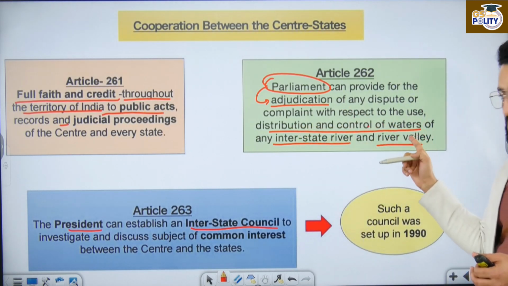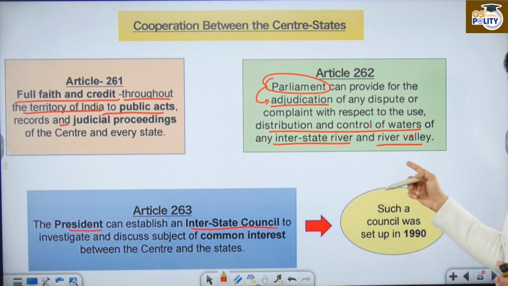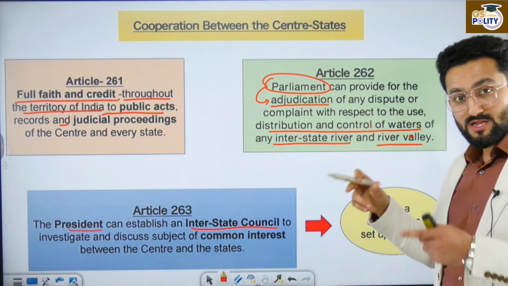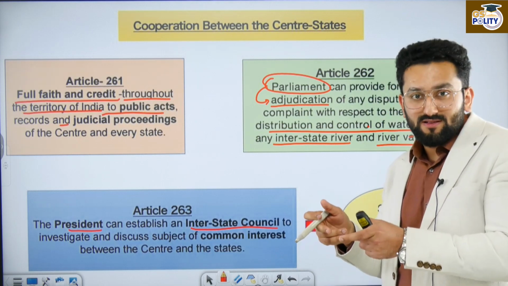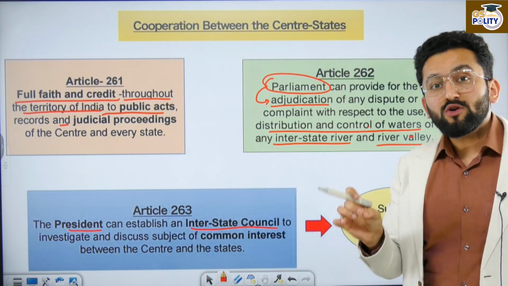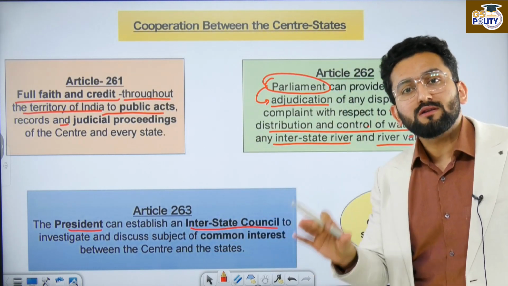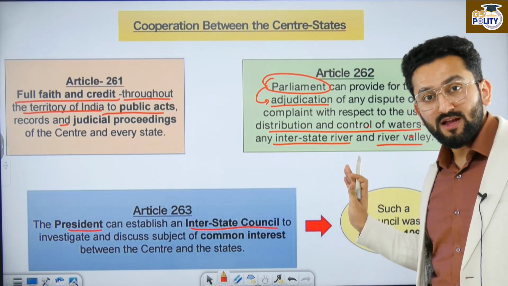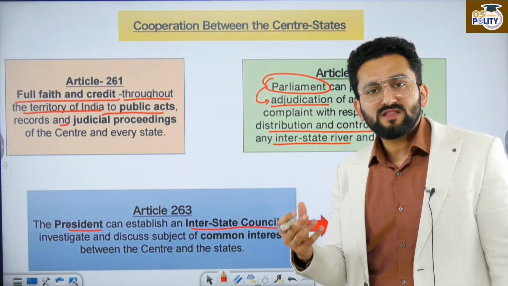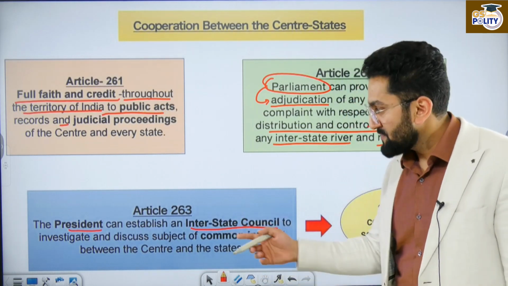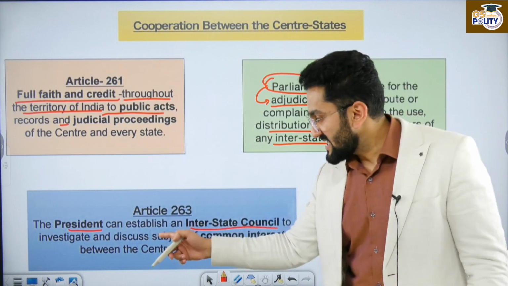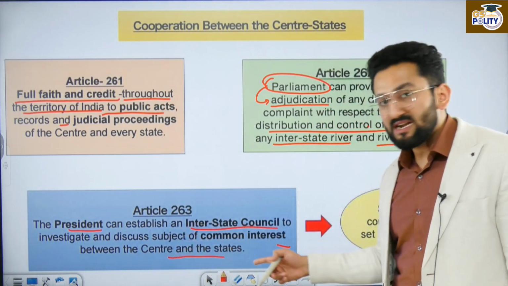distribution and control of waters of any interstate river or river valley, in this case Parliament can provide for adjudication, means a mechanism can be developed by Parliament. Okay, please remember Article 262 is talking about disputes related to water, interstate water, river valley. But Article 263 has a provision with respect to any kind of dispute. What it says, the President can establish an interstate council to investigate and discuss subjects of common interest between center and state.